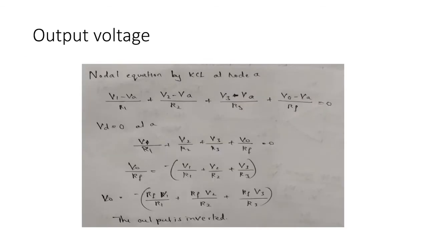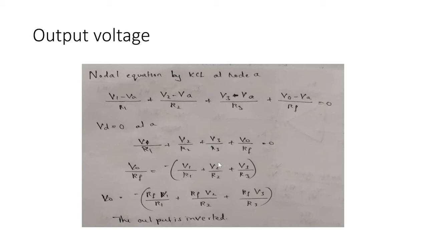KCL equation: V1 minus VA by R1 plus V2 minus VA by R2 plus V3 minus VA by R3 plus V0 minus VA by RF equals 0. When the differential voltage is 0 at A, V1 by R1 plus V2 by R2 plus V3 by R3 plus V0 by RF equals 0.